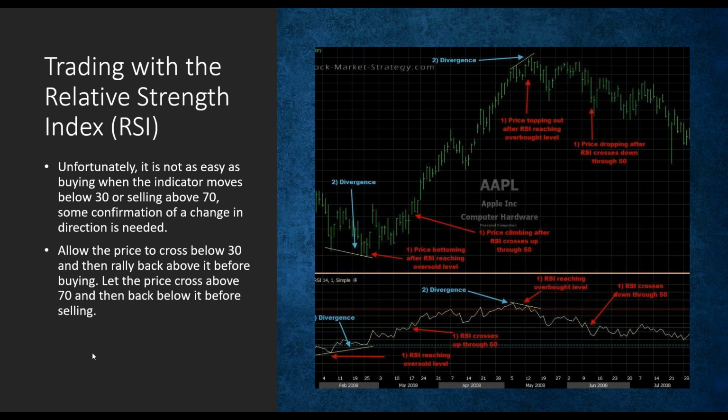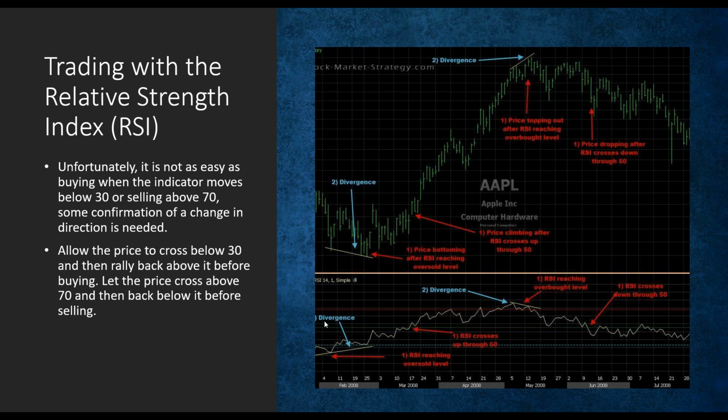When the price falls below the 30 level and then reverses and rallies back above that 30 level, so back into that purple range that we were showing you, that is giving you a clear buying opportunity. Or we can let the price cross above 70, and then when it comes back below it, sell.